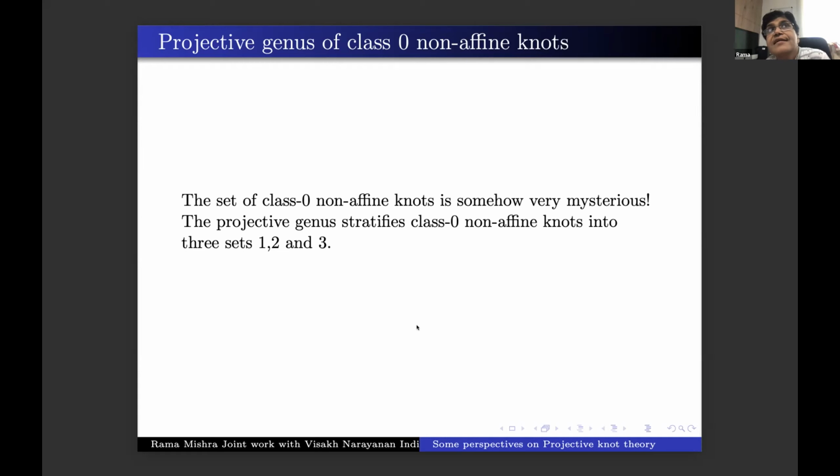Yeah, I think the other way around is not true. It's just that I'm not able to think of an example. Only one way: if your knots are equivalent in RP3, then the lifts will be equivalent in S3. But one could produce examples where the lifts are equivalent, but here they are not. Okay, you believe that there are examples, right? Yeah, I think I had even seen examples. It's not coming to me. Really? Interesting. Thank you.